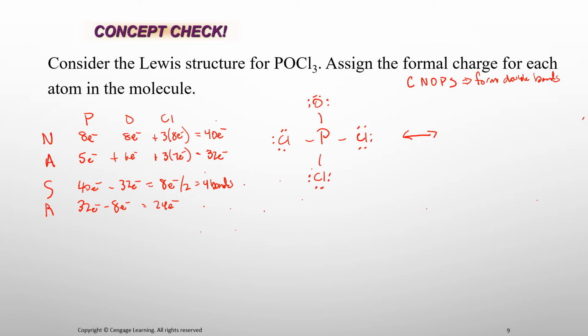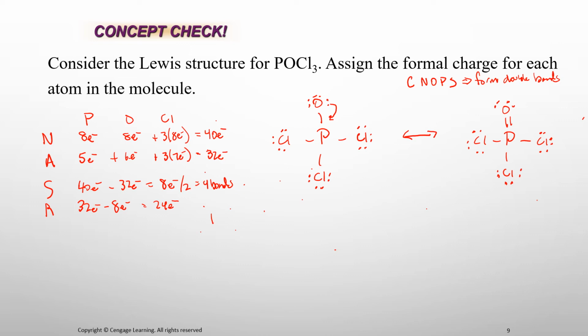So one possibility is I can have this set of electrons come down from the oxygen and bond with the phosphorus, and that will give us this structure as our second resonance form. Add in the electrons here, and now we're ready to do our evaluation.